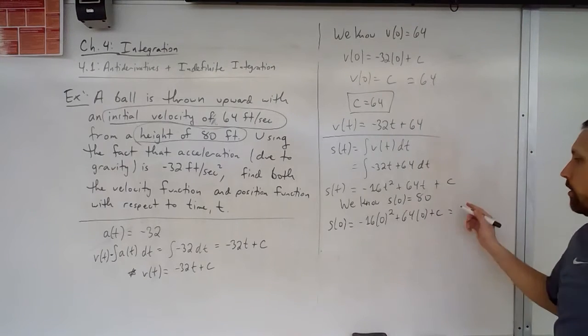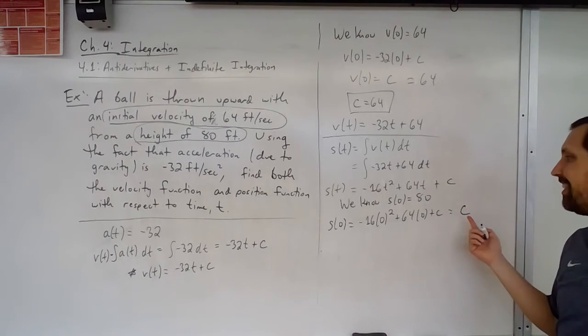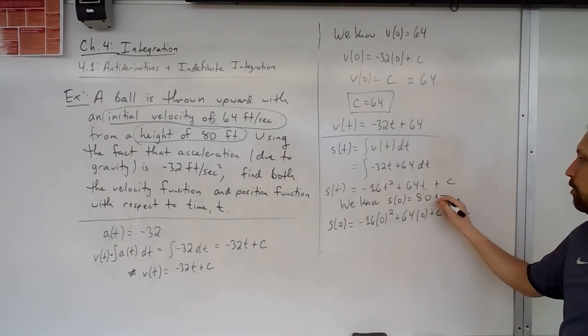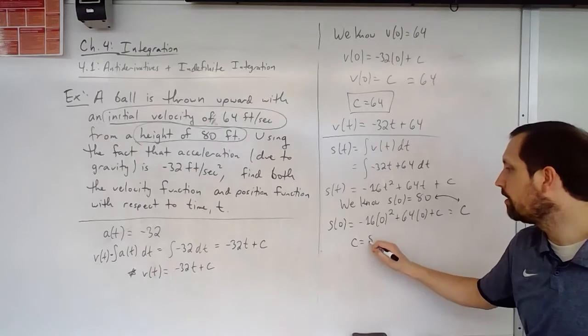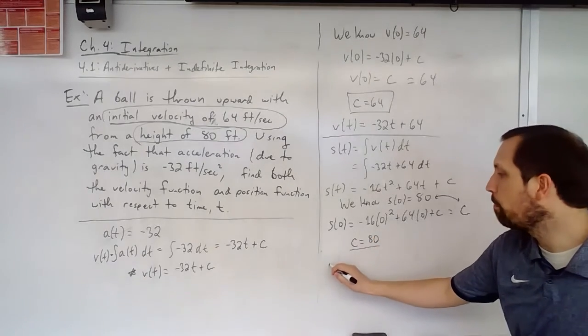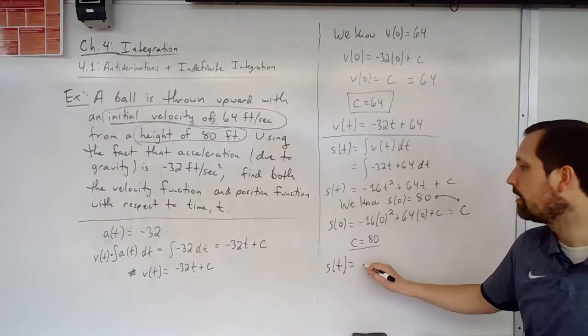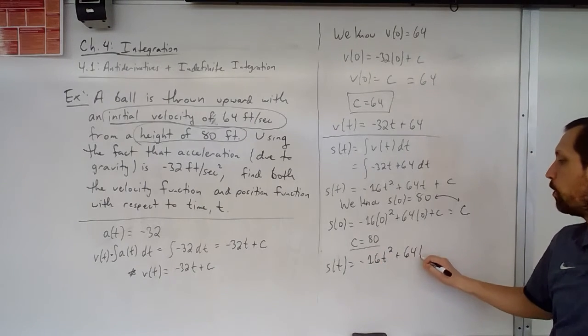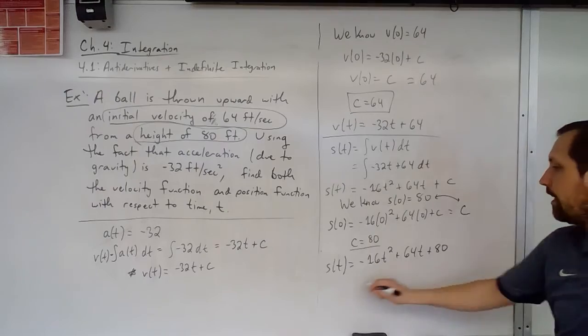All of these zeros become 0, so that's equal to c. But I know that if this is equal to 80, these two must be equal, so I see that c is equal to 80. So my position function is given by negative 16t squared plus 64t plus 80.